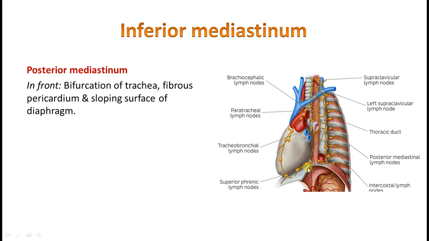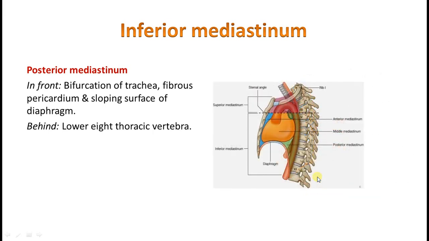They all form the anterior boundary. Posteriorly, as you know very well, it is limited by the bodies of the lower 8 thoracic vertebrae and the intervening intervertebral discs.